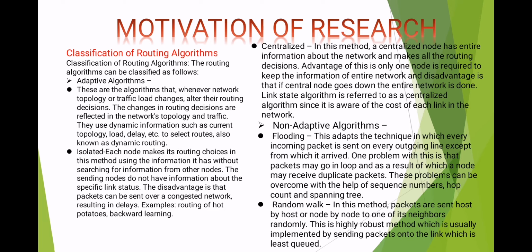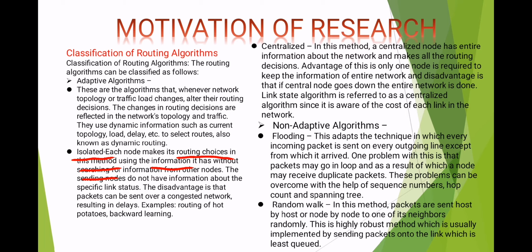Now, the motivation of the research. One of them is classification of the routing algorithms. They are divided into two types: adaptive routing and non-adaptive routing. Adaptive routing is divided into two types. First is isolated. Isolated focuses on routing choices in this model using local information without searching for the information of other nodes.